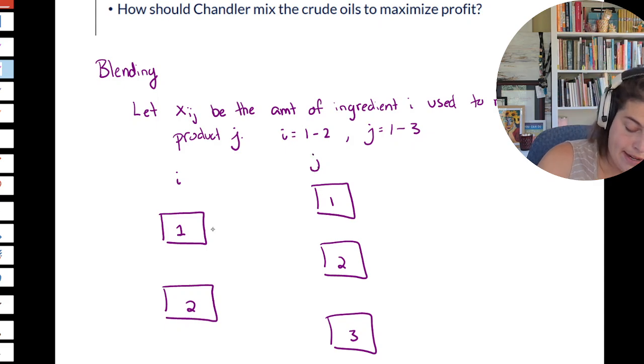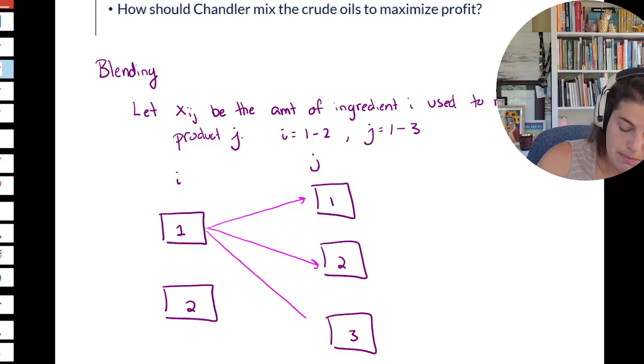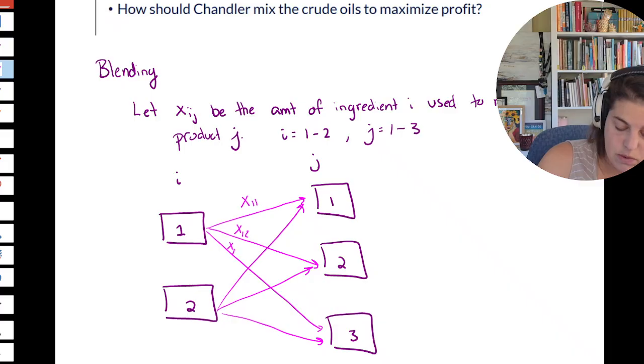And so every arrow is the same as in a transportation problem, is a variable, right? This first one is x1,1. Then I've got x1,2. And I've got x1,3. And most importantly, the total amount of ingredient 1 is x11 plus x12 plus x13.